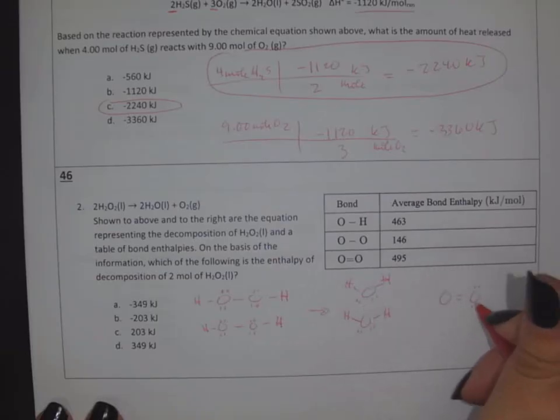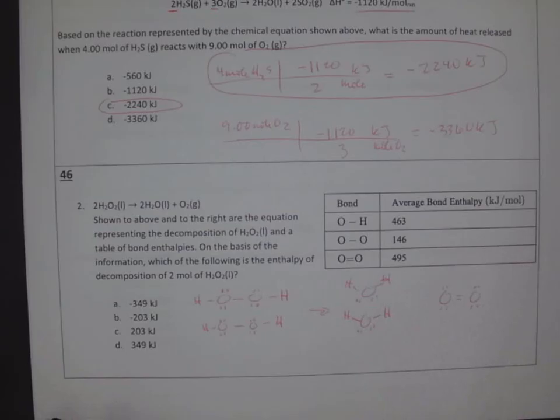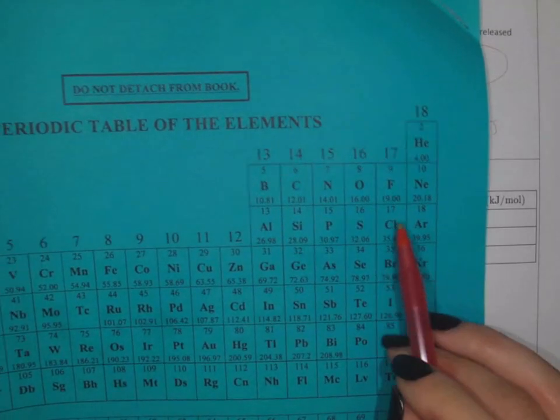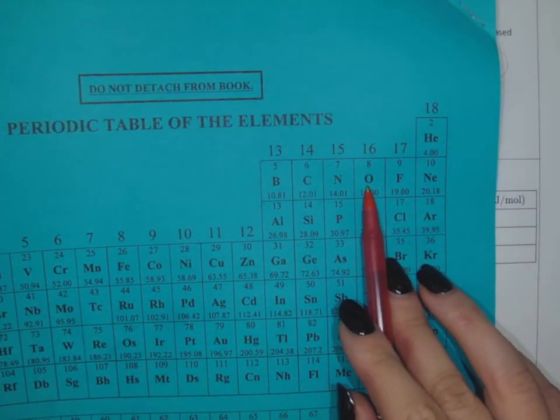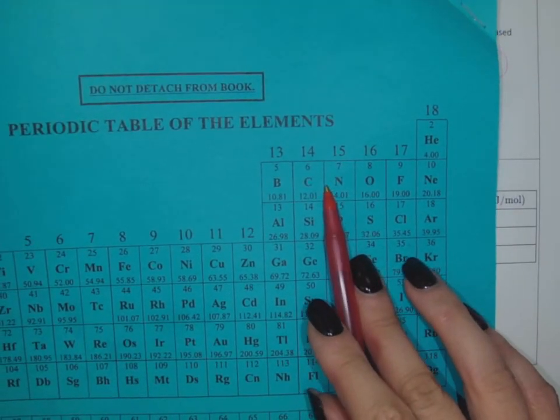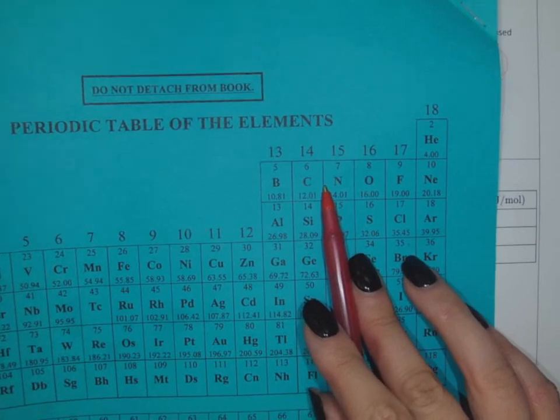A reminder about my little trick when it's a diatomic molecule. If I have 2 atoms that are bonding together from group 17, they're going to be single bonded. 2 atoms from group 16 are a double. 2 atoms from group 15 are a triple bond.